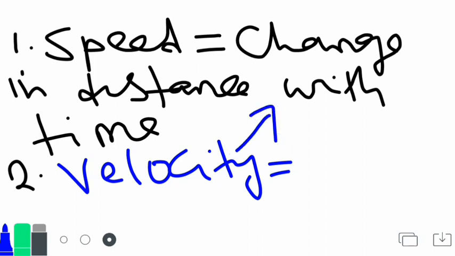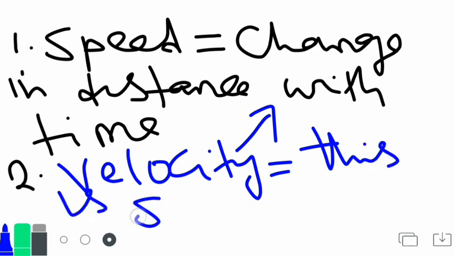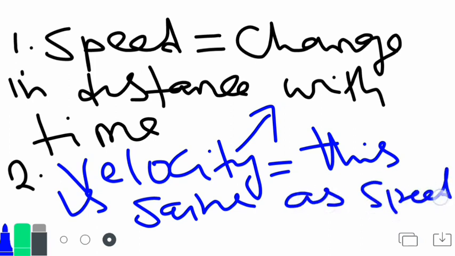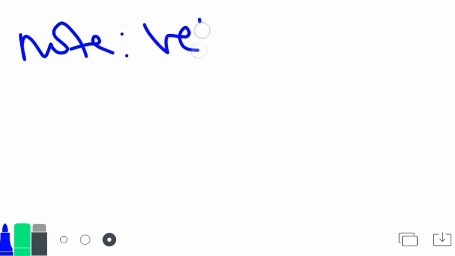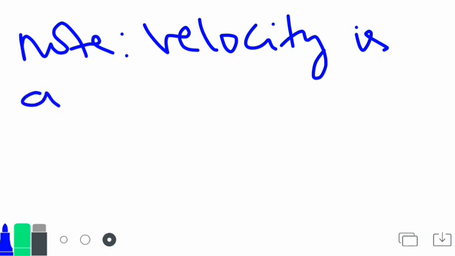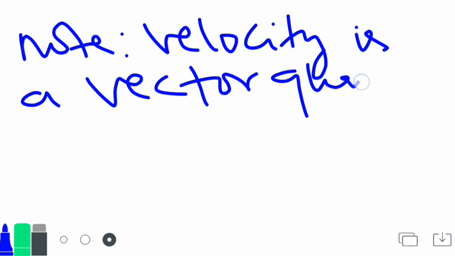So this is the same as speed, okay? And the only difference that we need to note is that velocity is a vector quantity, okay?